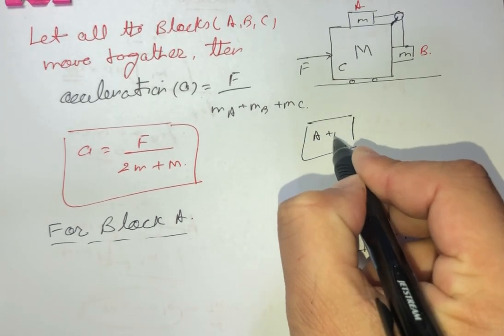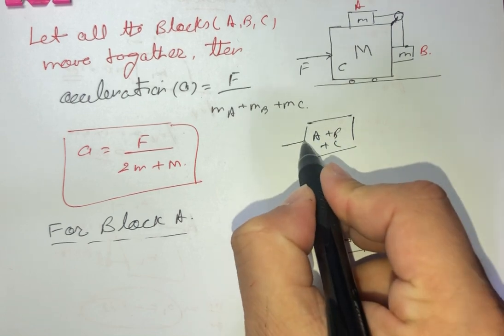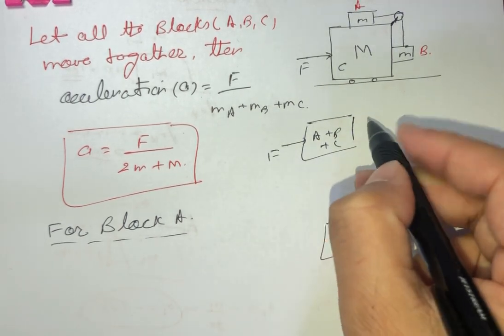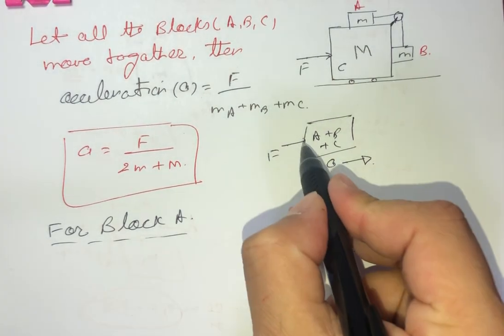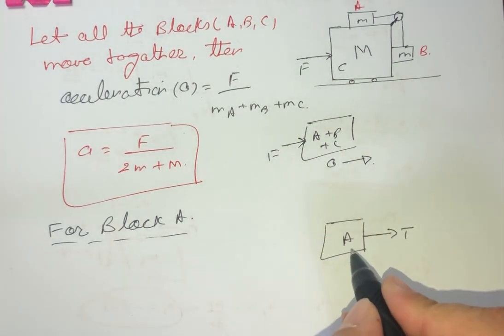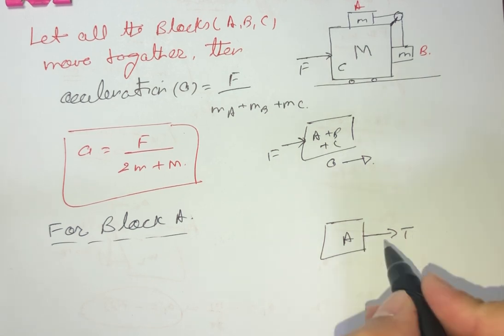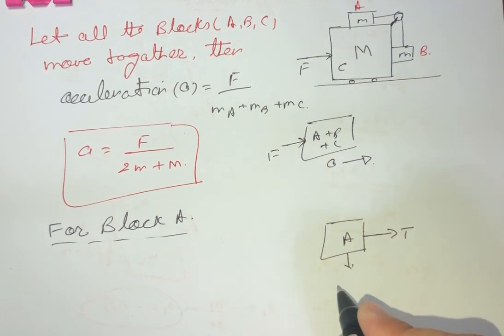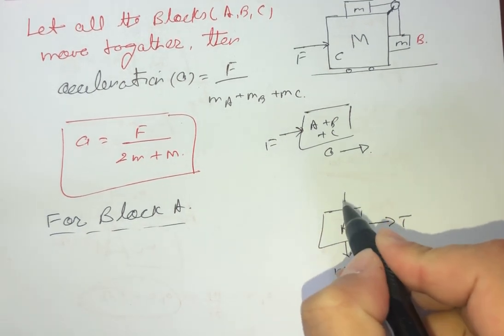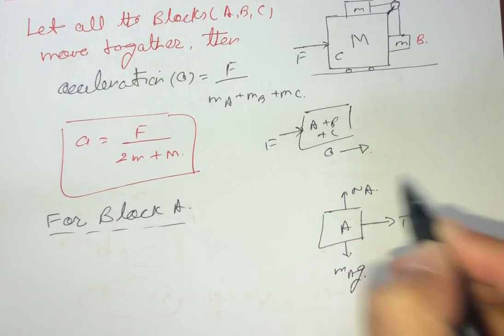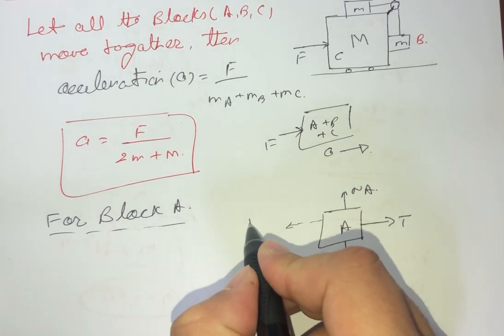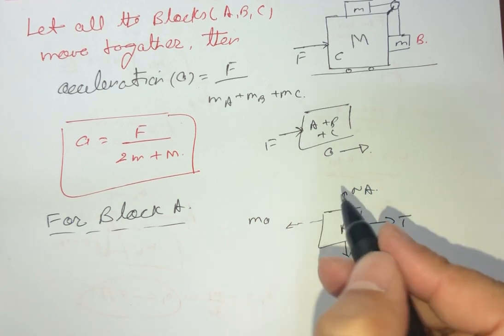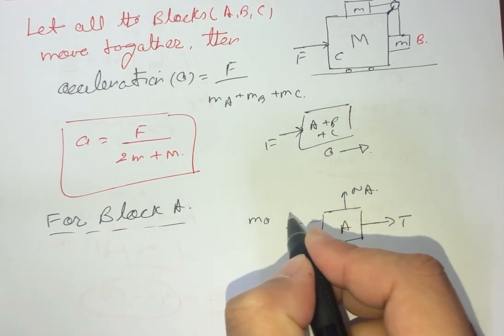This is A plus B plus C. A force F is being applied on it and it is moving with acceleration a in this direction. So we have A, tension T. In the downward direction there will be mAg, and upward we are going to have a normal NA, and a pseudo force is going to act in this direction, mAa.